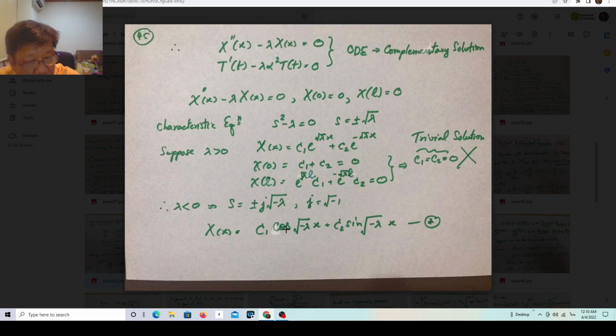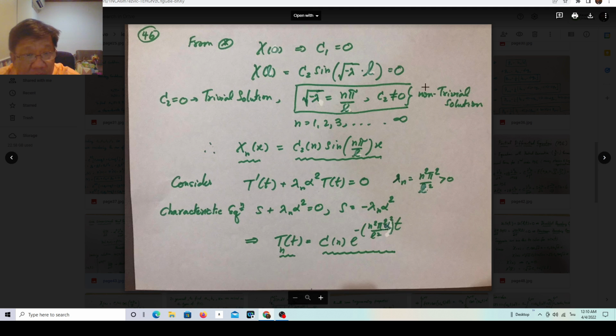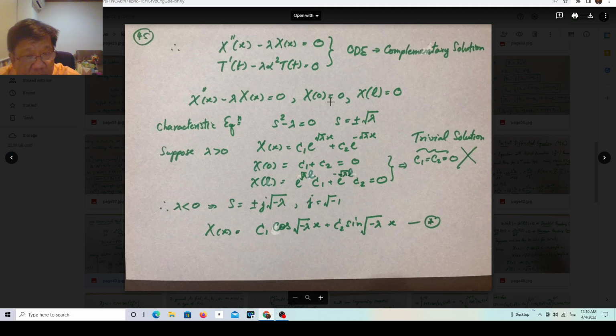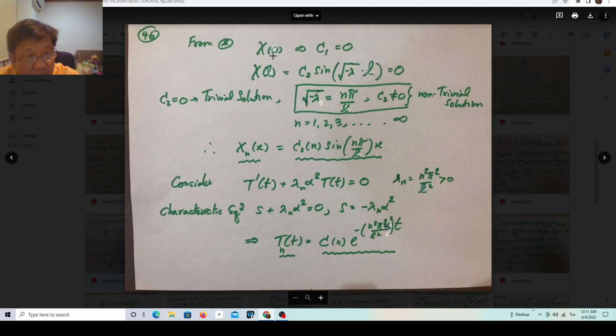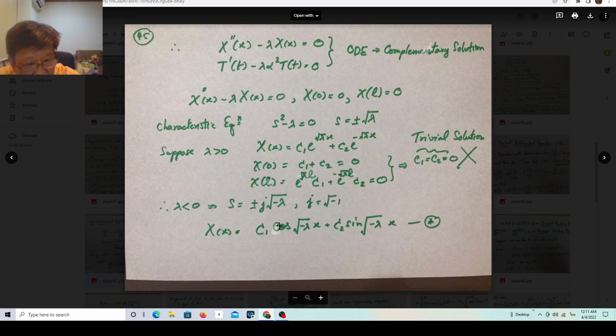When x is 0, cos 0 always equals 1. Therefore you get c sub 1, and X of 0 is 0, as I mentioned before. So with this boundary condition, X of 0 equal to 0, you get c sub 1 equal to 0. When c sub 1 is equal to 0, the first term of this general form vanishes, and only the second term is left.